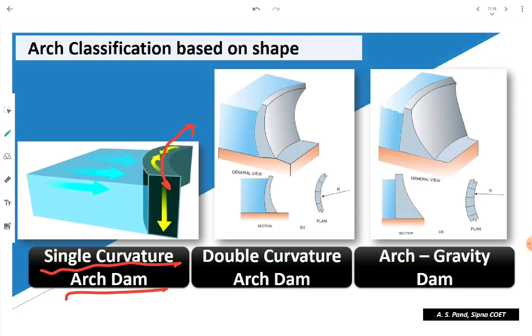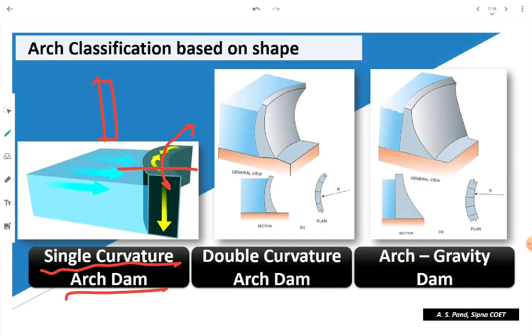It possesses only one curvature. If you see the same dam in elevation or front view, it will look like a rectangle. If you cut a section here, it will look like a thin rectangle, but only in plan can you see what kind of curvature has been introduced for the construction of this arch dam.